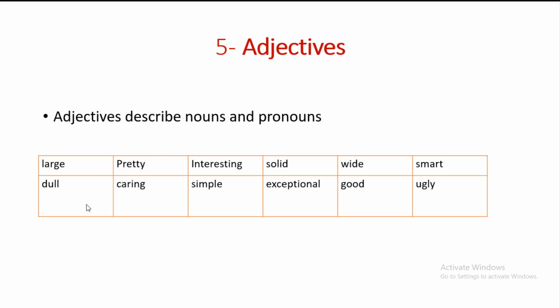Adjectives describe nouns and pronouns. Okay? Because as we said before, nouns and pronouns replace each other. So large, pretty, interesting, exceptional, smart, ugly, okay? All of these are adjectives.